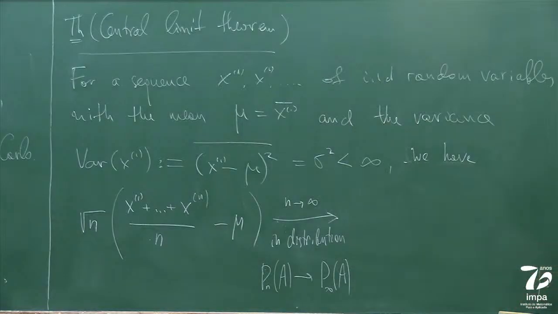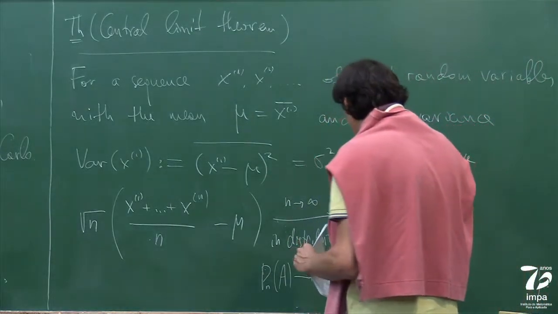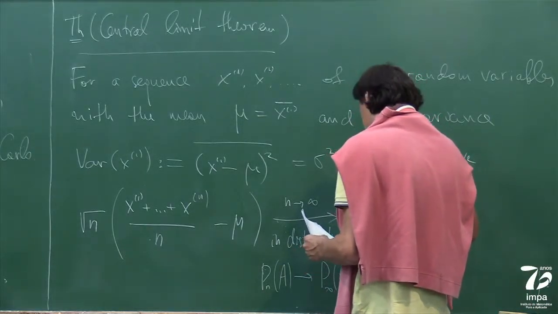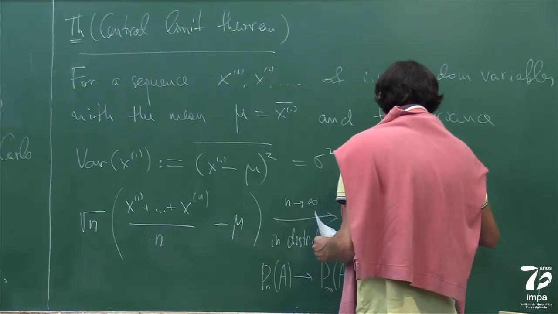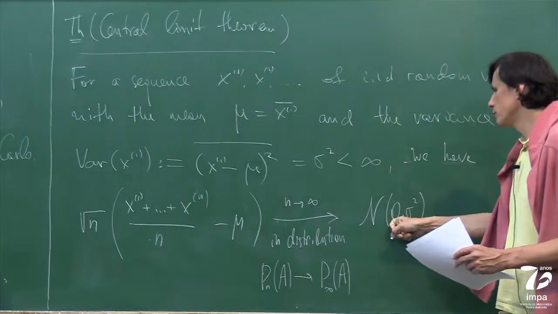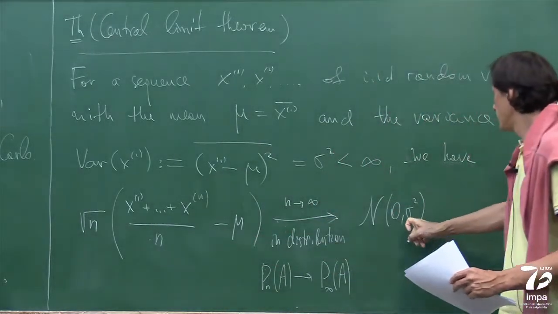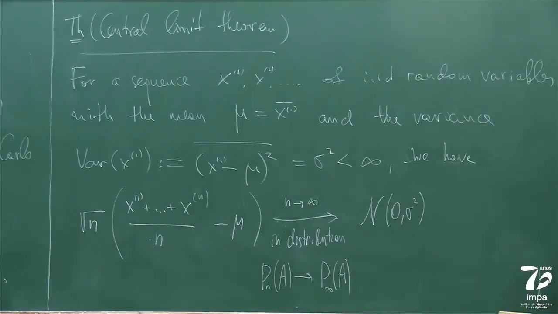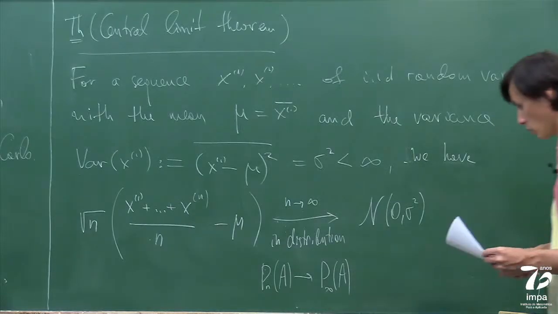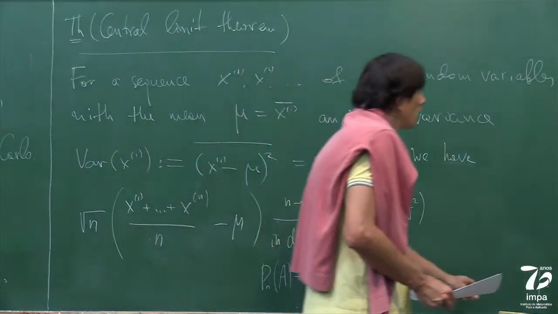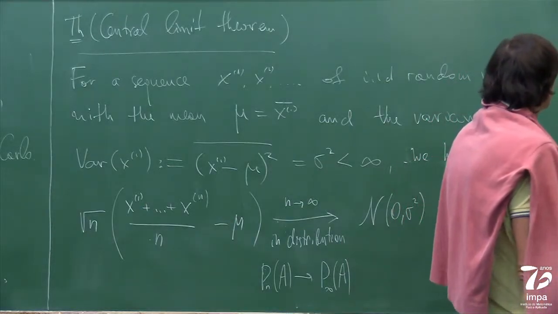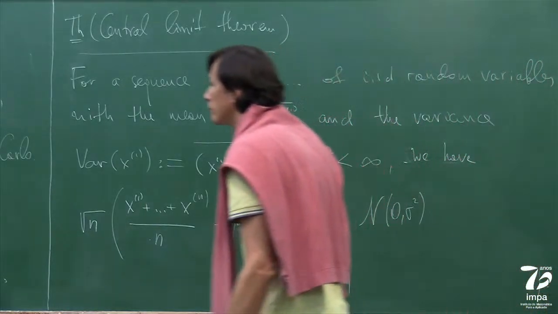Remember, it's for all measurable sets with zero measure boundary. So this converges to the normal distribution with zero mean, because we have subtracted the mean, and the same variance sigma squared. I will keep this because we will use it for comparison.